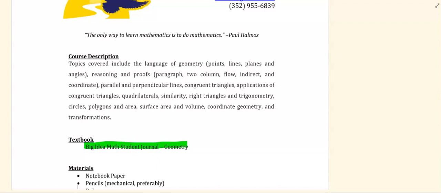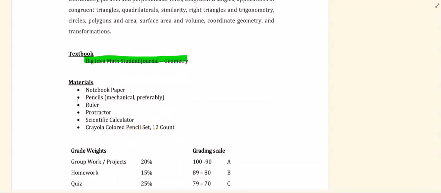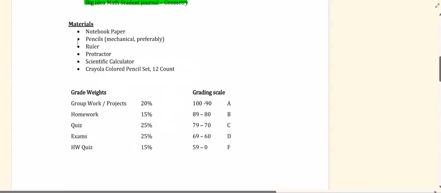I look at what you're supposed to learn, and I have the resources. I know what you need. But the book will be there in case somebody needs it. If it's a consumable, you keep it. If it's a regular textbook, you bring it back at the end of the school year.